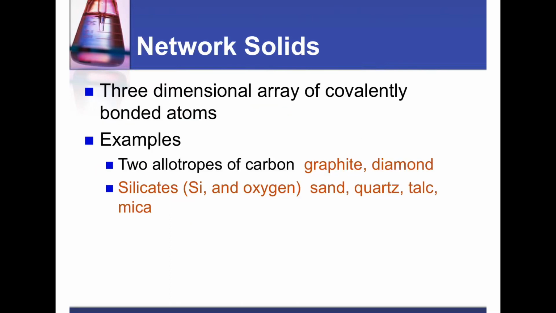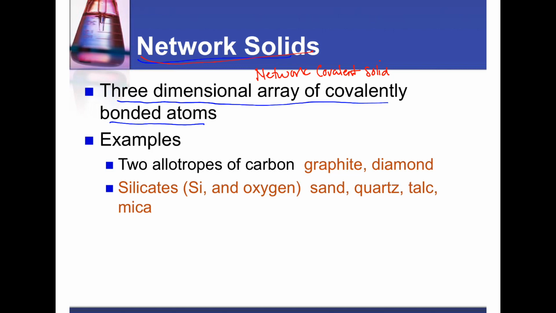All right, talking about things that are also covalently bonded, but it works out a little bit different, are our network covalents. Sometimes we call them network solids, sometimes network covalent. Those are the same things. They are, again, made from an array, like a crystal lattice of covalently bonded molecules.